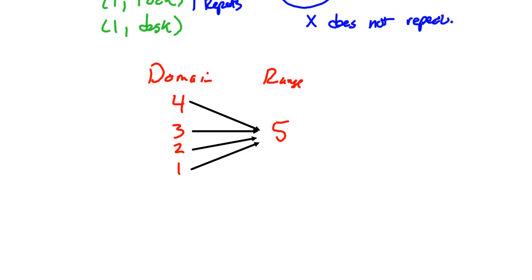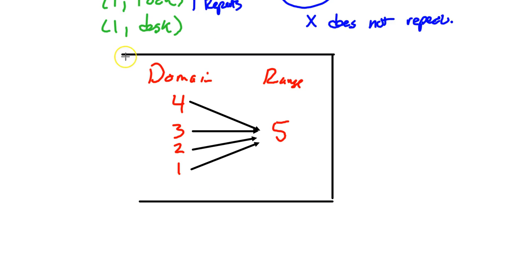Because everybody's like, well, it can't be because everything's pointed to 5. But again, when you do this one, you don't even really care about this part back here.